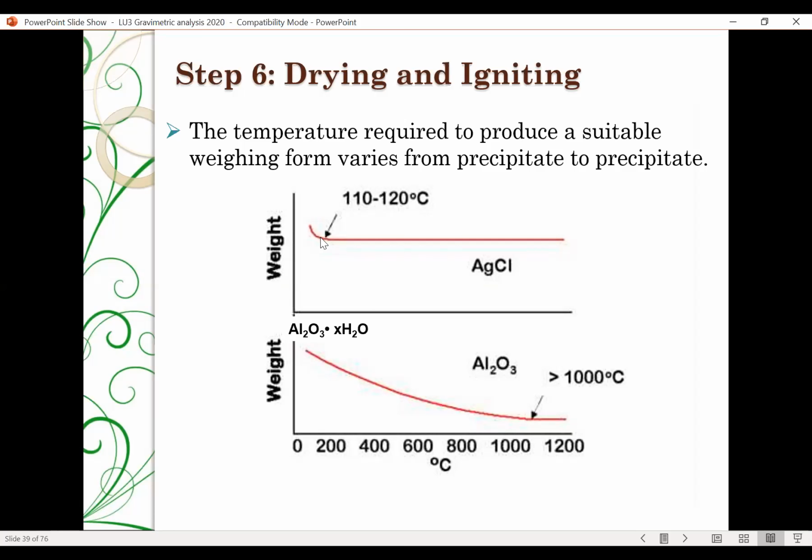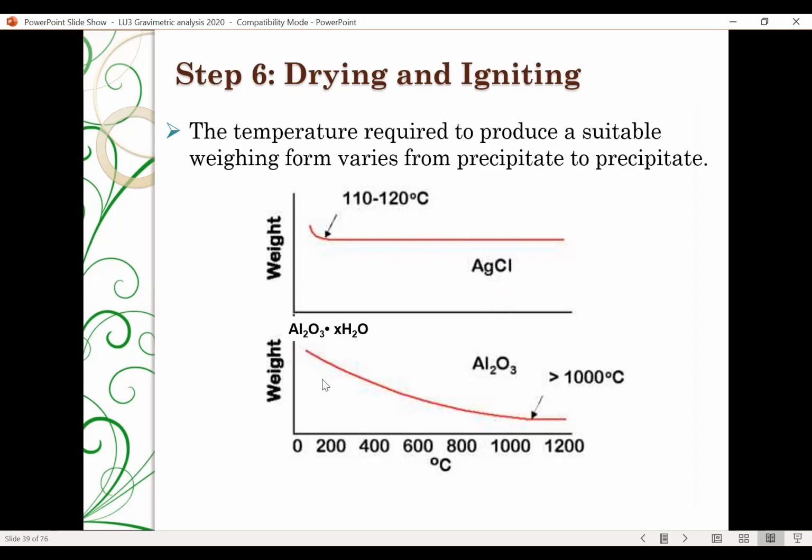If you heat or dry it at 110 to 120 degrees Celsius, it doesn't matter if you increase the temperature up to 1000 degrees Celsius, it still becomes silver chloride. It doesn't change to any other compound. At low temperature it is silver chloride. At high temperature it is also silver chloride.